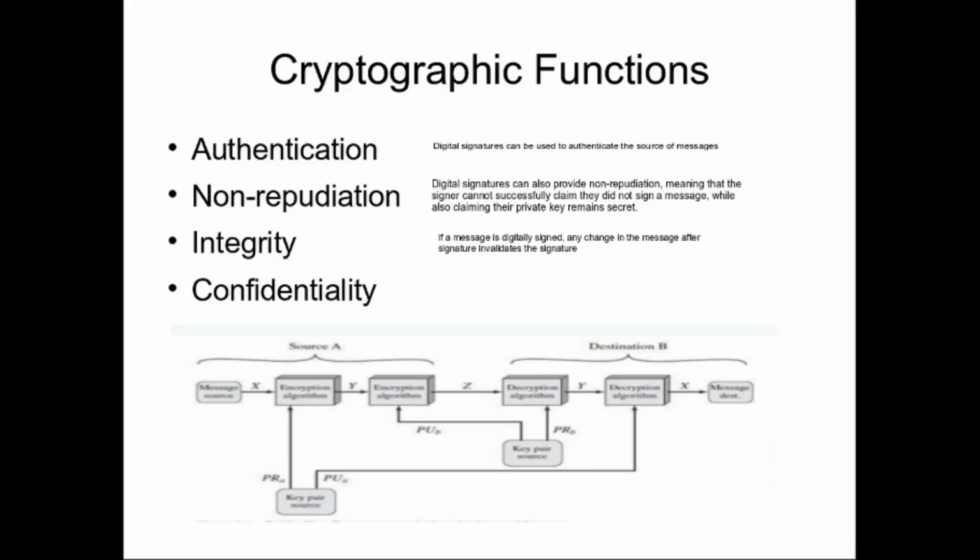Cryptographic functions. What can we achieve? We have learned some basics, and now we can see what we can achieve with cryptography. What is authentication? Authentication is verifying somebody is who he claims to be. A digital signature is one way, as we just saw.